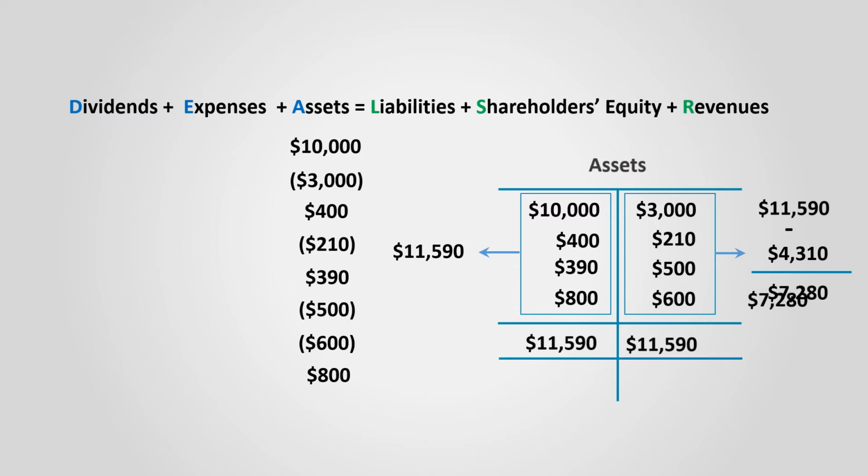This is placed on the side of the greater value, which is in this case the left-hand side. This means that the asset account in this case has a debit balance, as the debit, the left side, is greater than the credit, which is the right side. This process is called balancing of the T account.